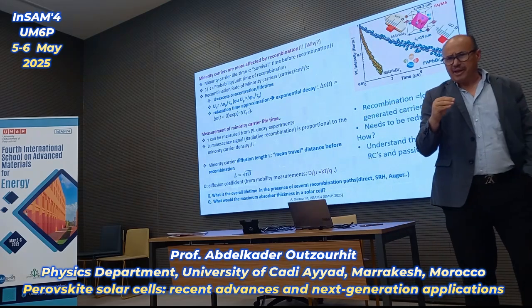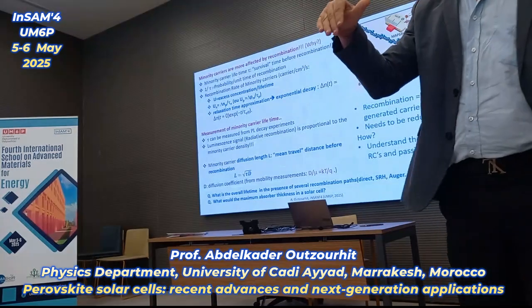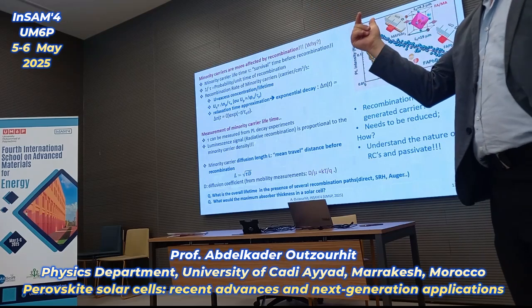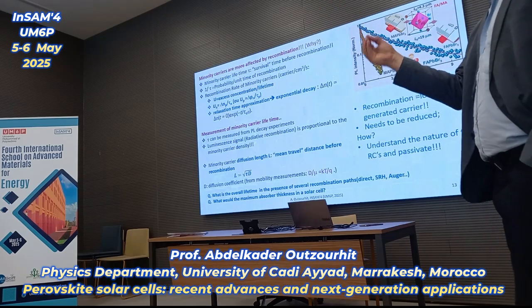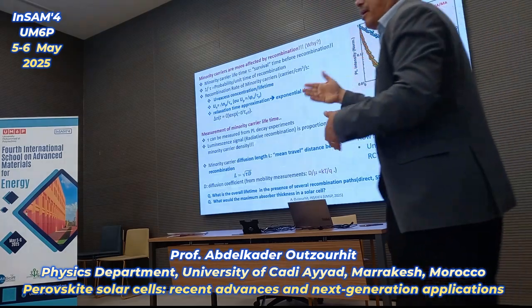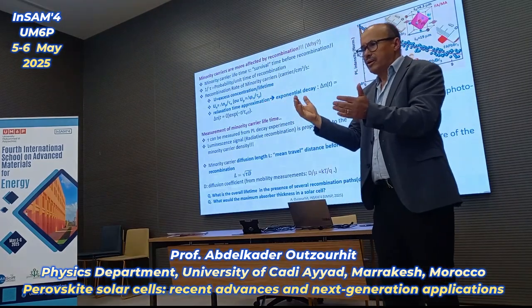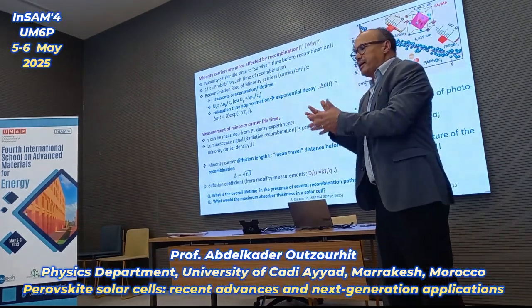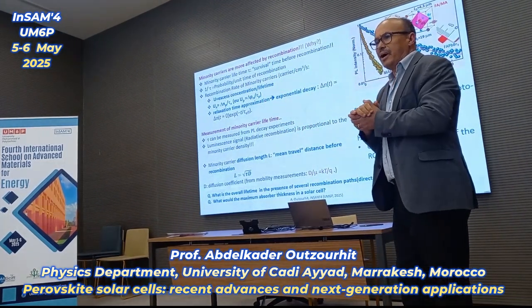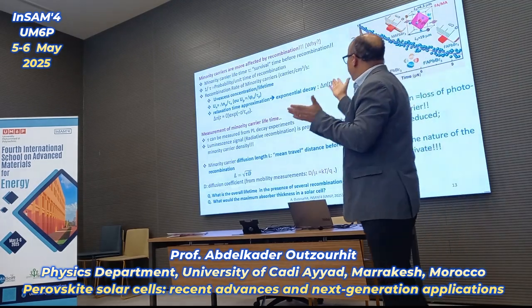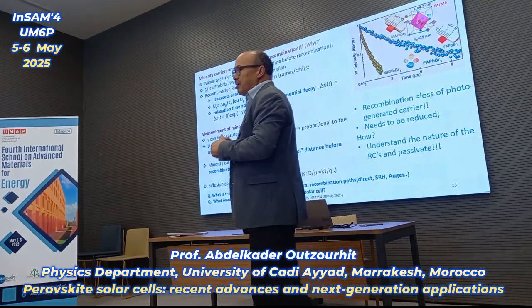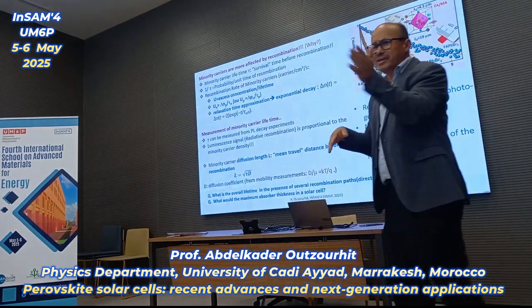Since there is recombination, it doesn't happen instantaneously. Once you create a carrier, either a hole or an electron, it can survive for a certain time, and this survival time is called the lifetime, or the minority carrier lifetime. Why minority?